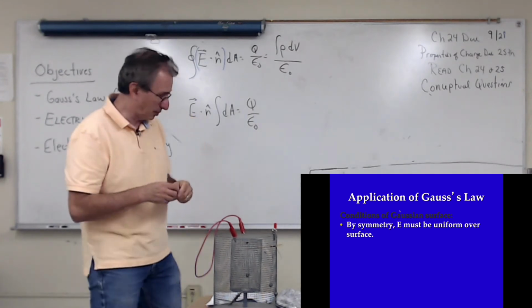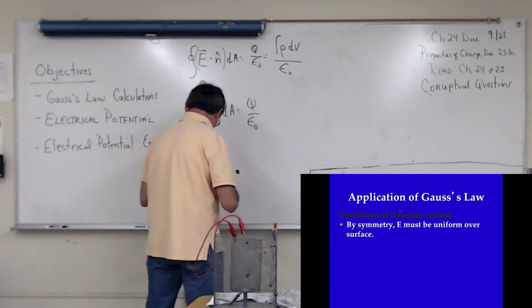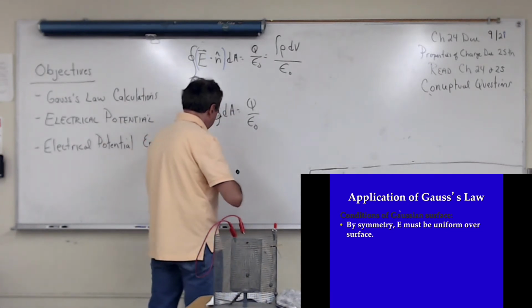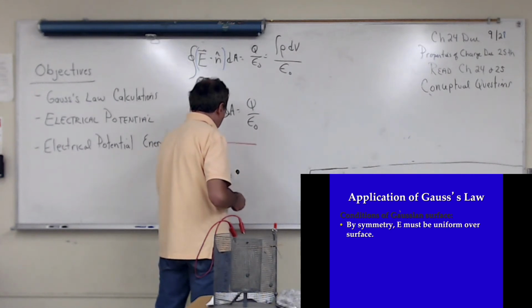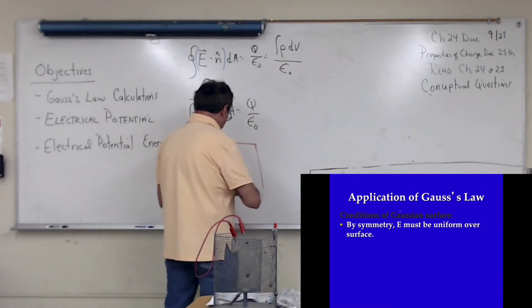I'll give you an example. If I have a point charge and I draw a box around it, the electric field looks like this.